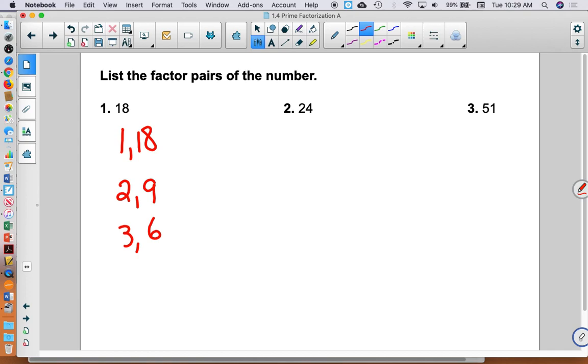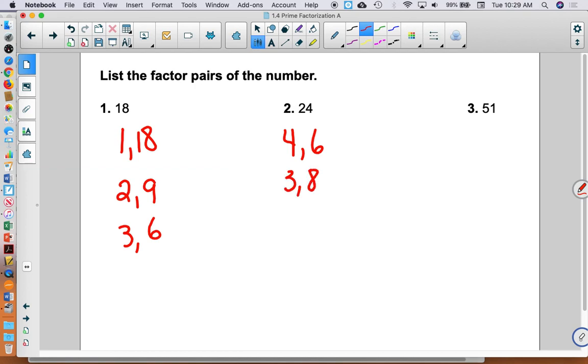What about the number 24? Give me a factor pair for the number 24. Maddie? 4 and 6. Maddie says 4 and 6. I totally agree. Give me another factor pair for the number 24. Callie? 3 and 8. I agree.